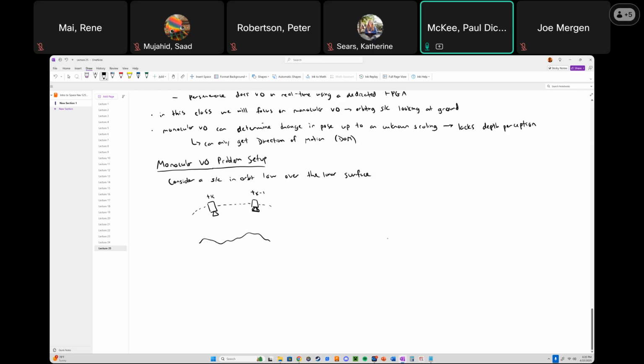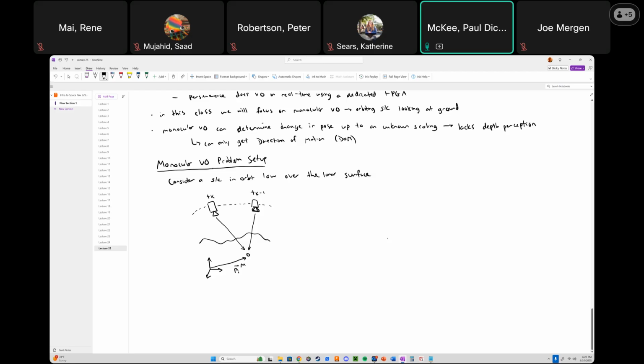And let's imagine that it's observing some point on the surface of the moon, like this. Maybe this is some global reference frame over here. We know that this point is point i in the M frame. Actually, I'm going to do frames as a superscript for this problem. So point p_i^M.